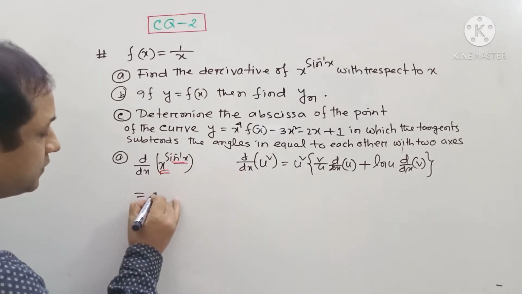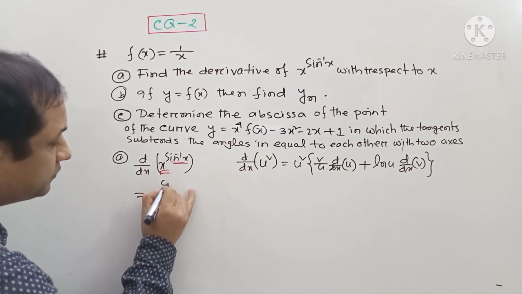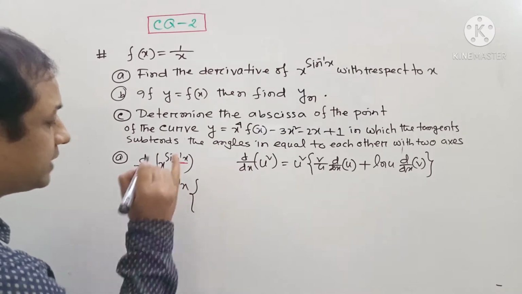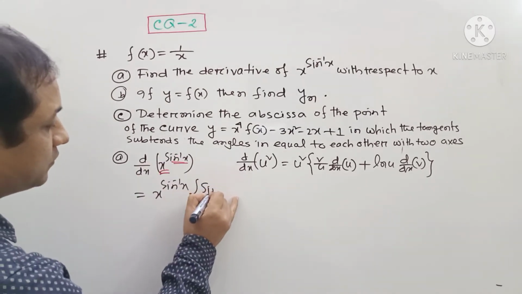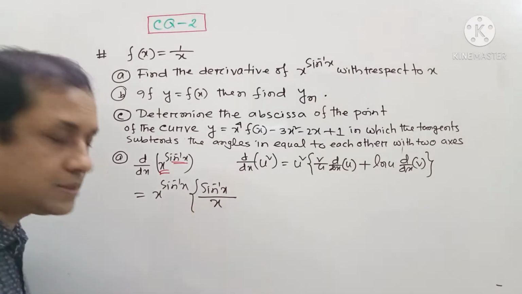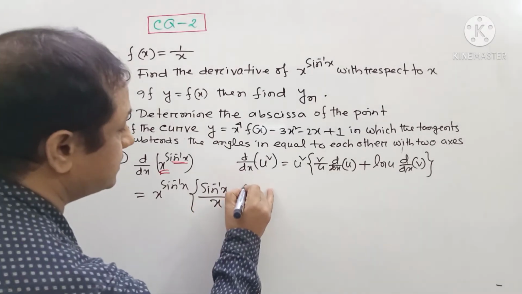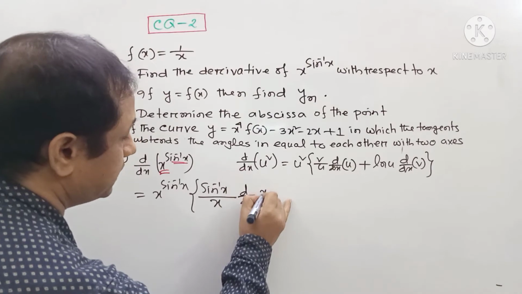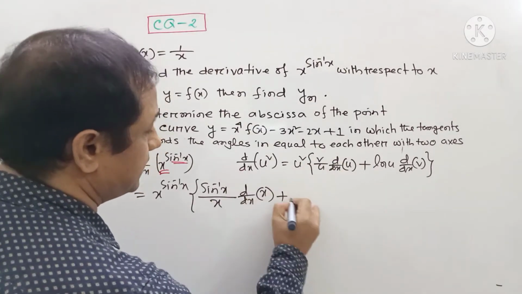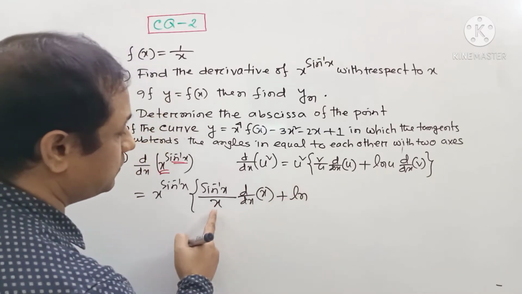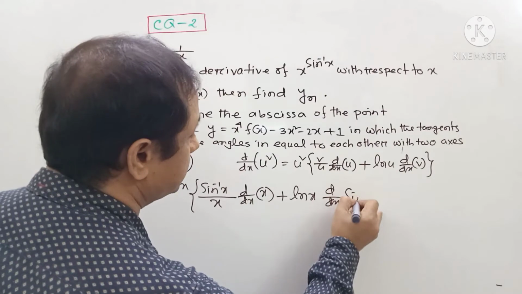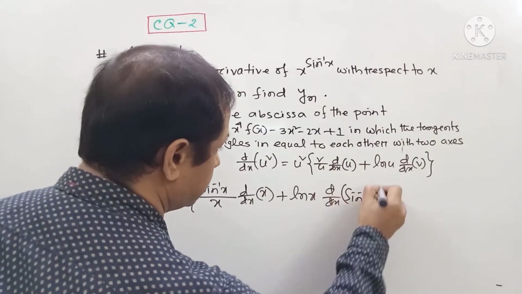So u to the power v, v means sine inverse x, then in the second bracket v by u, v is sine inverse x, u is x, d/dx of u, u means x, plus ln u means ln x, d/dx of v, v means sine inverse x.